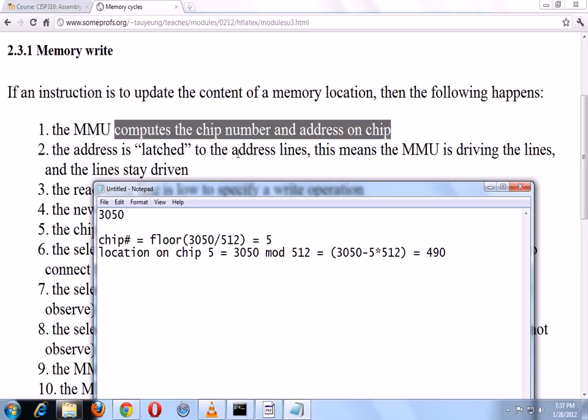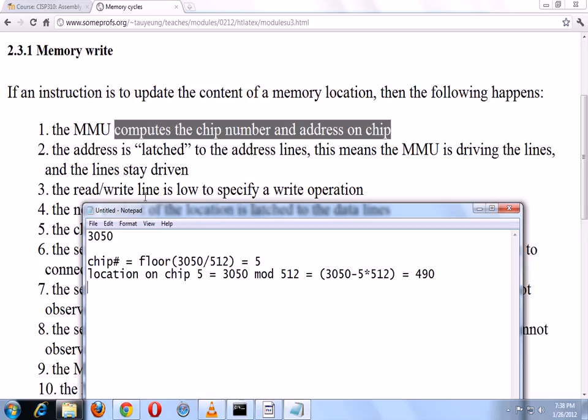But remember, not only chip number 5 is listening, all 8 memory chips are listening to the address lines. They all say, okay, location 490, expressed as a binary number, but no one is doing anything just yet at this point.